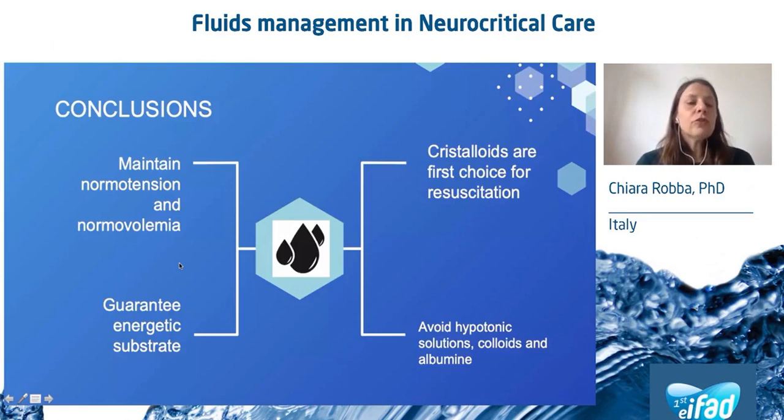So in conclusion, the target of fluid therapy in neurocritical care is basically to maintain normotension and normovolemia, to guarantee an appropriate energetic substrate. Which fluids do we use?